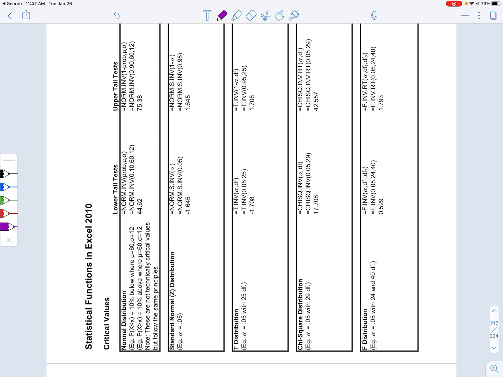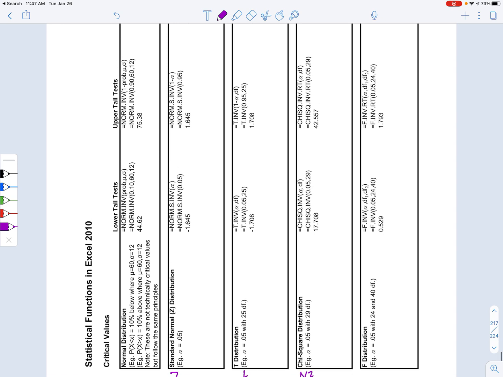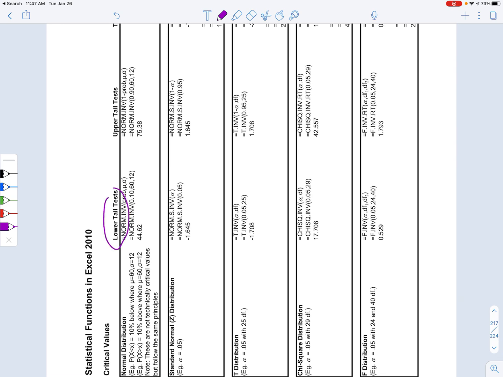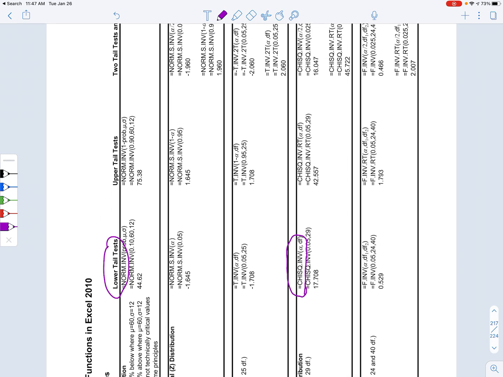So in this case we've got the z, we've got the t, and here's the chi-square distribution right here. If you take a look at the lower tail, then we're using simply a chi-square dot inverse, and then you put in alpha, and then degrees of freedom. If you're talking about the upper tail, then you use a chi-square dot inverse dot RT for right tail, and then you put in your alpha for your upper tail and your degrees of freedom.